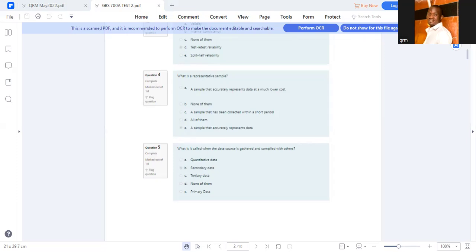A sample that accurately represents, meaning you've gotten the right sample size and right representatives to give you the data that you're looking for.